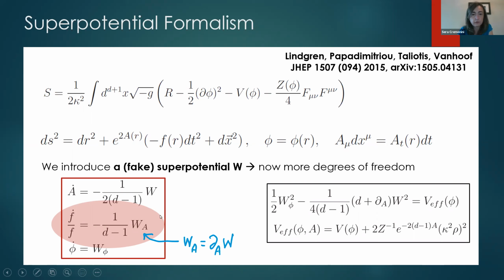So this is essentially the new ingredient. And once you do that, you can turn your second order bulk equations into first order. If you want to see the details behind the derivation of these and the entire radial Hamiltonian formulation, this is a very nice paper that worked it out in glorious detail for a much more complicated action.